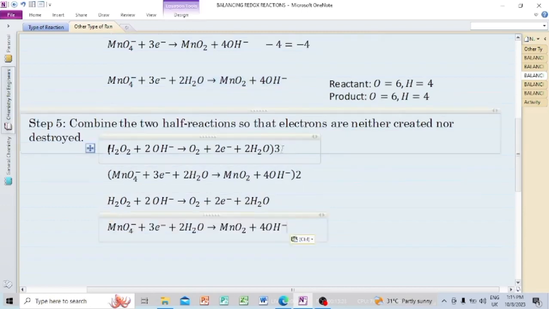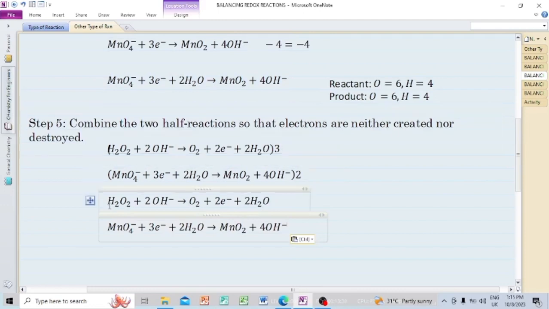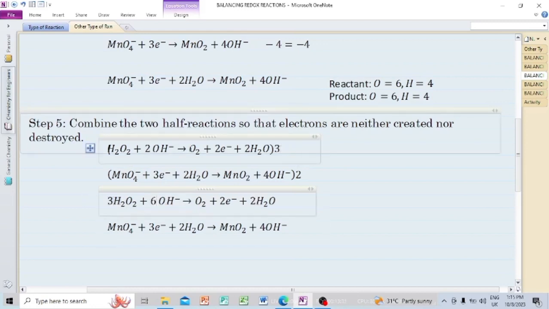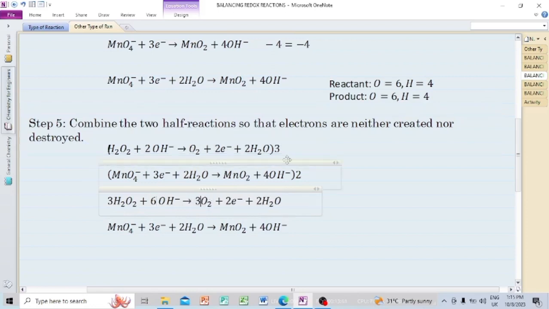3 times H2O2 is 3H2O2. 3 times 2OH is 6OH. 3 times 1 is 3O2. 3 times 2 electron is 6 electrons. And 3 times 2H2O is 6H2O.